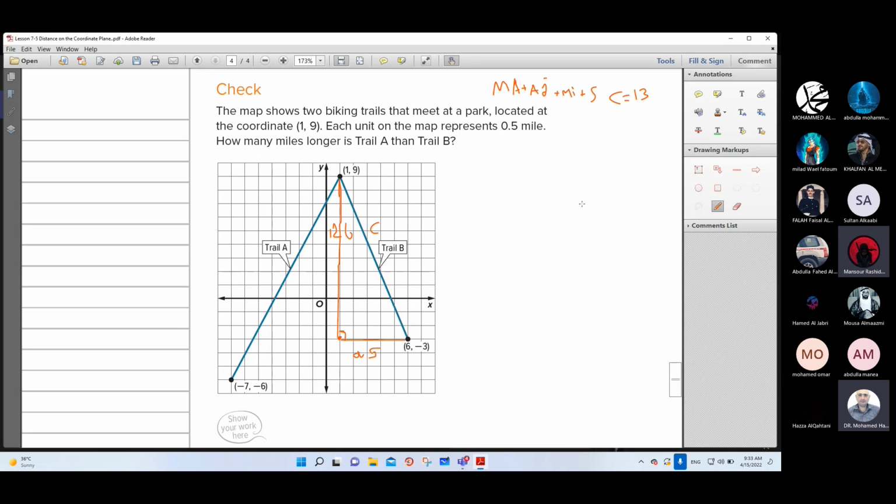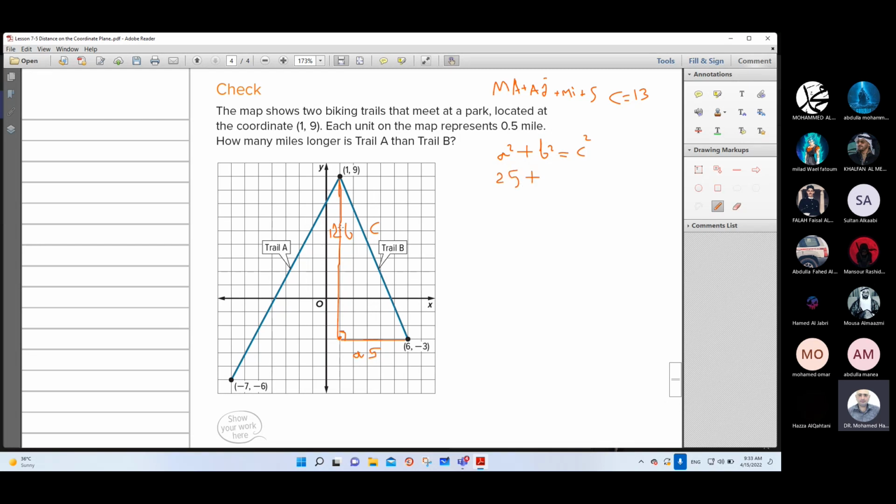Okay, so A squared plus B squared equals C squared. The value of A is 5, 5 squared is 5 times 5, 25.